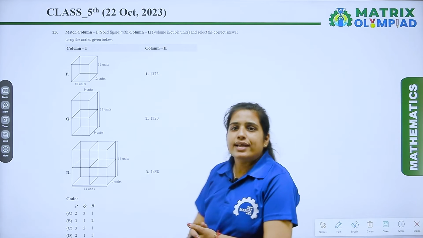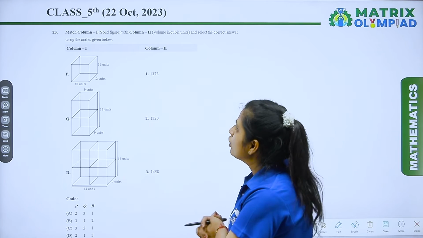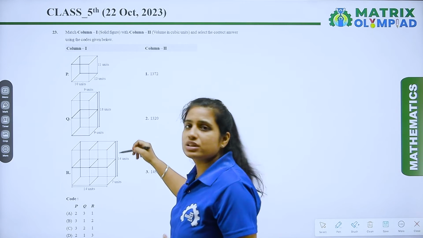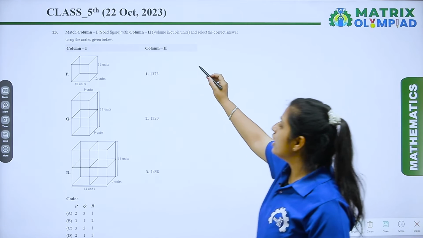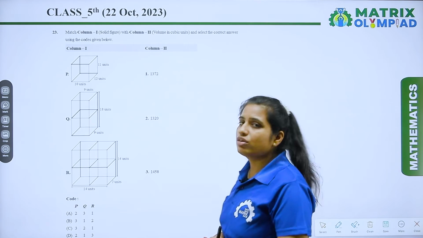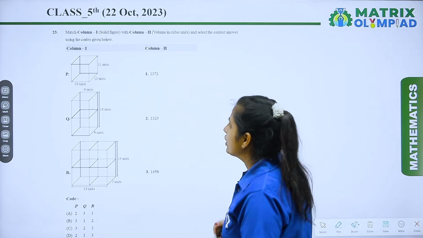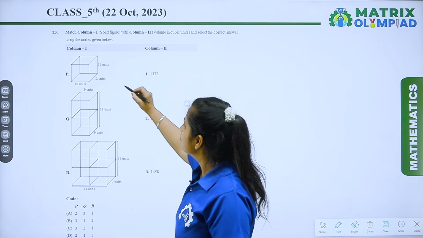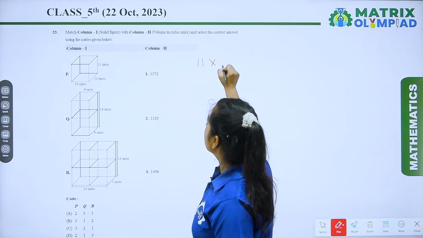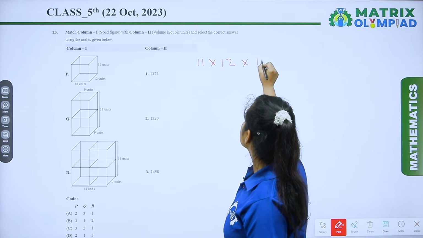Now the next one is question number 23. In question number 23, we have match the column 1, that is solid figures are given to us, and we have to match with the correct volume that is in column 2. So let's check the correct volume. So here the first is 11 multiplied by 12 multiplied by 10.